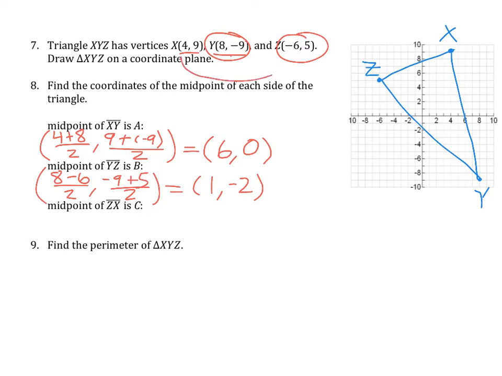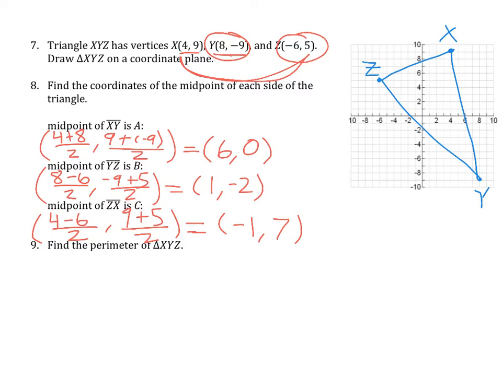Alright, now we want to do x and z, so that's 4 plus negative 6 divided by 2, and 9 plus 5 divided by 2. Alright, so negative 2 divided by 2 is negative 1, and 14 divided by 2 is 7. And they give us names for these points.